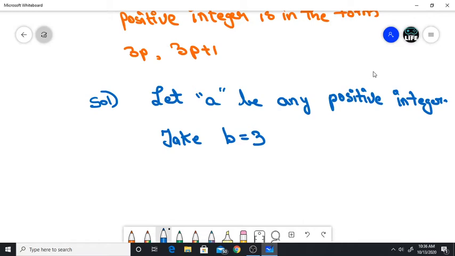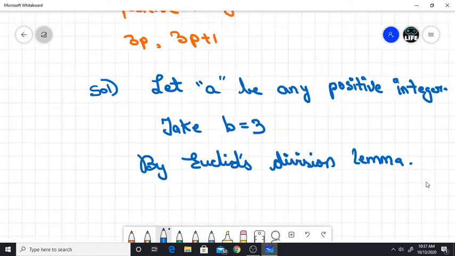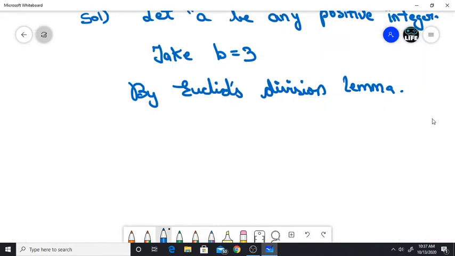By Euclid's division lemma, a equals to bq plus r, where 0 less than or equals to r less than b.